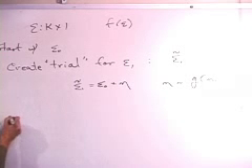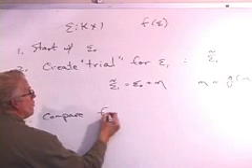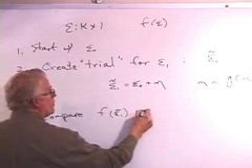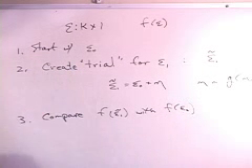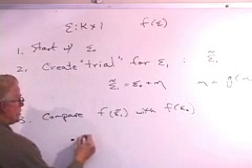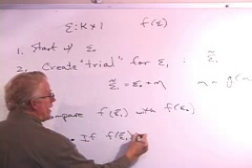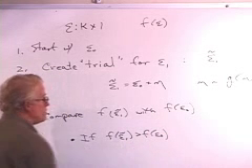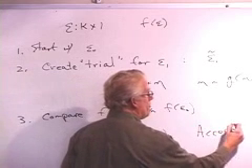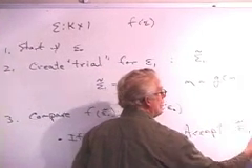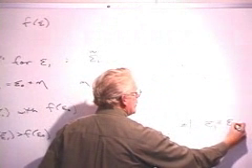So, the first thing you do is compare the density of this new point with the density of the old point. First, if the density of the new point is greater than that for the old point, that is, it's more likely to be here than here, then you accept this new trial and set your new variable equal to this trial one.